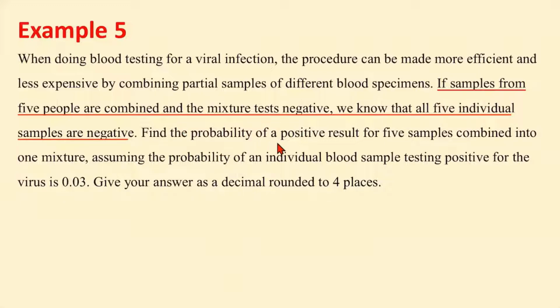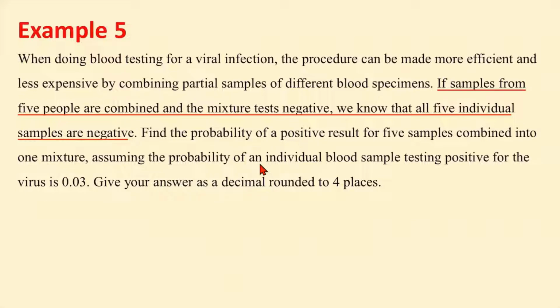We have to find the probability of a positive result. We are talking about negative here, and suddenly we are talking about positive. You know that negative and positive are complements, so once you figure out the result for negative, you can subtract from 1 to get the result for positive. So find the probability of a positive result for 5 samples combined into one mixture.